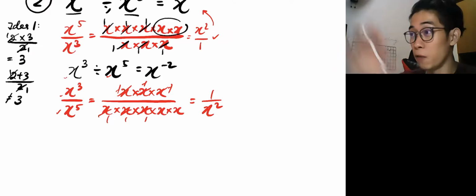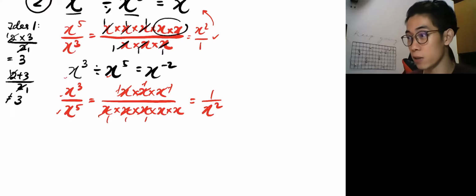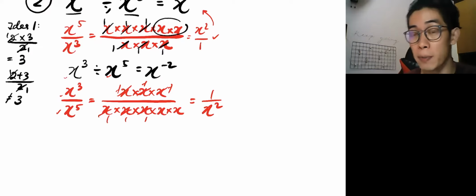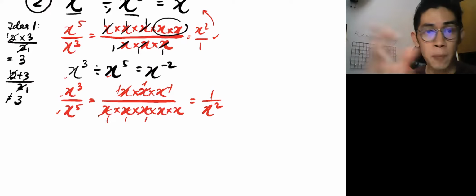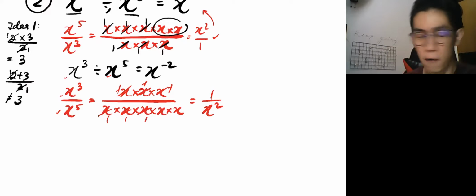So let me explain for students that didn't go through our chapter 9. It's okay, because I'm here to teach you and to solve your problems. Since the question is correct, x power 3 divided by x power 5 is the same as x power 3 over x power 5, right?